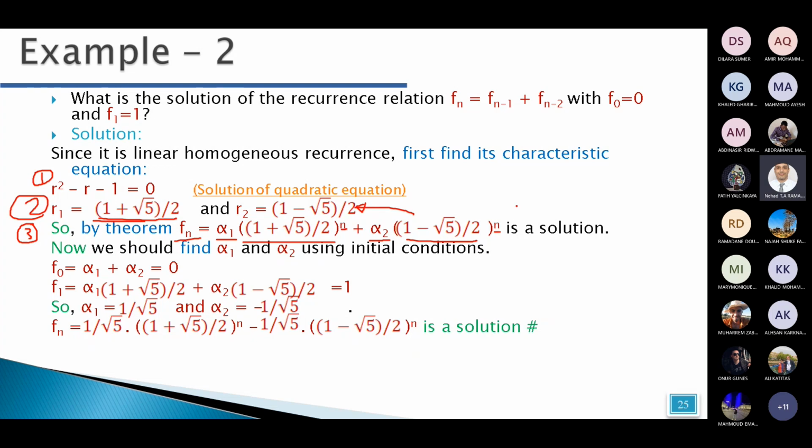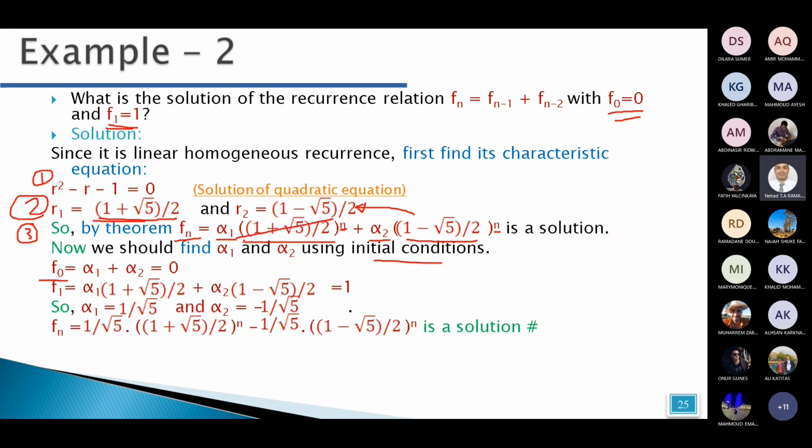From this solution, we apply the initial conditions, f0 equals 0, f1 equals 1. So we take f0. Anything power 0 becomes 1.